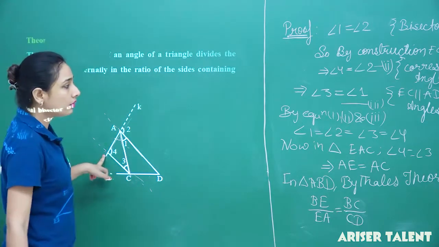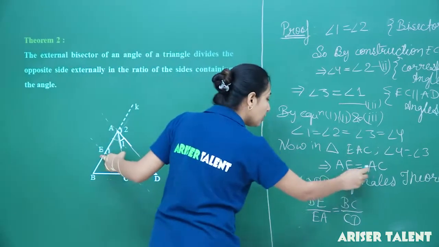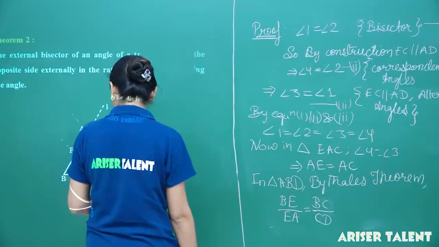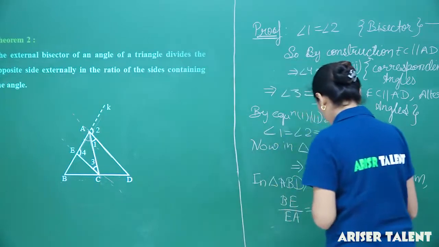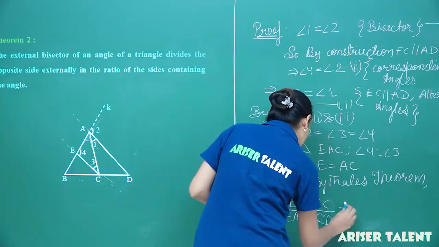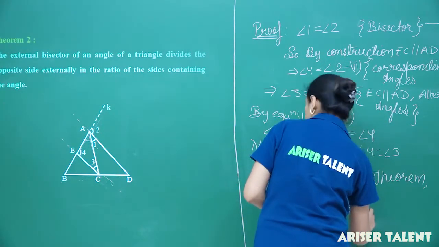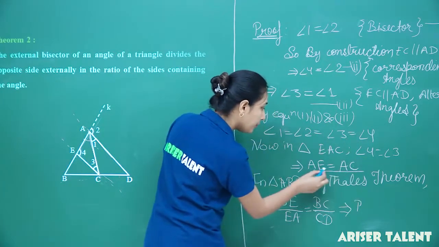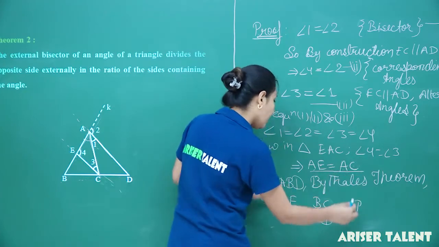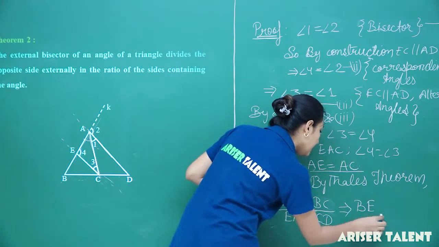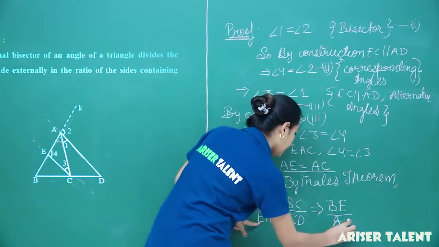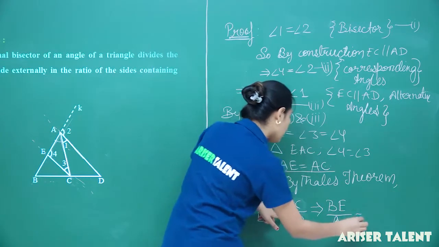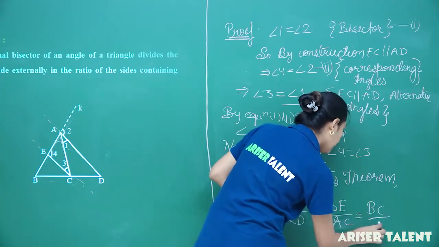Now we will be getting BE by EA. Okay, now can I write EA equals EC? Yes. So that can be written as, from here you can put AE equals EC. So that will be BE by AC equals BC by CD.